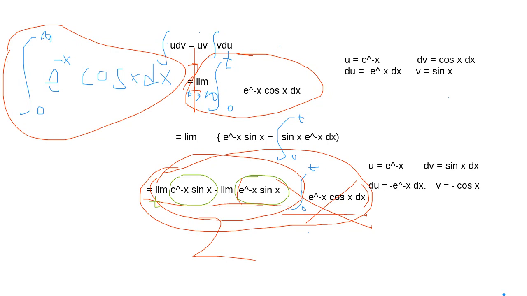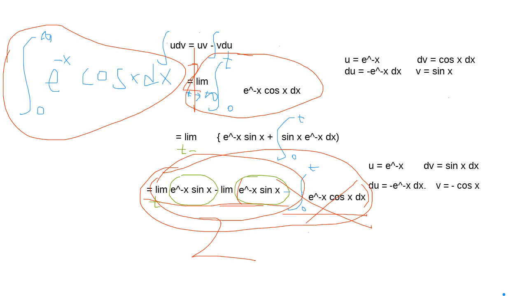Hold on. So t goes to infinity, right? Okay, hold on a second. Let me check. Did I make any mistakes somewhere? Because I got e to the negative t. Okay, let's finish this.